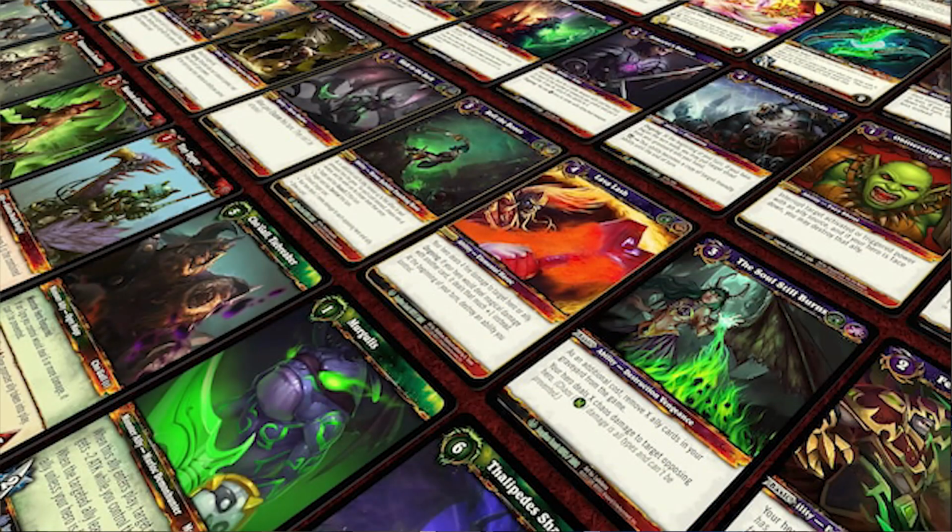World of Warcraft trading card game had some extra amount of cards, had extra amount of mechanics or complexities that someone who plays a lot of card games would love, but it is that simplicity on the surface of Hearthstone that attracts a variety of people, a greater audience than just your fan base.